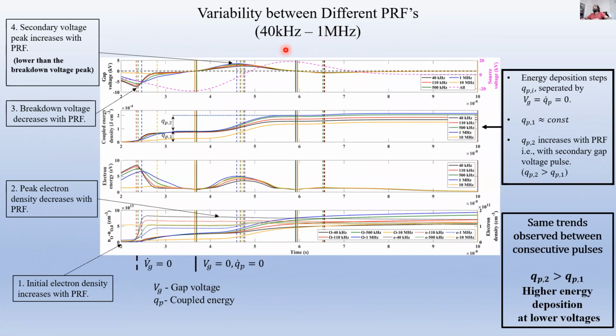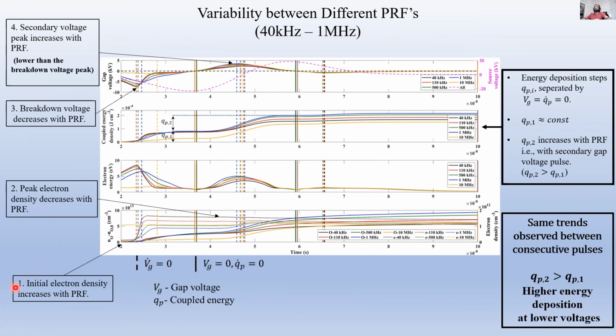This is just one type of result that we obtained. We see the time evolution in each one of the discharge cases with different repetition frequencies varying from 40 kilohertz to 1 megahertz. The 40 kilohertz is the black lines, the 1 megahertz is the blue line. You have some different colors in between. And we can see the variability.